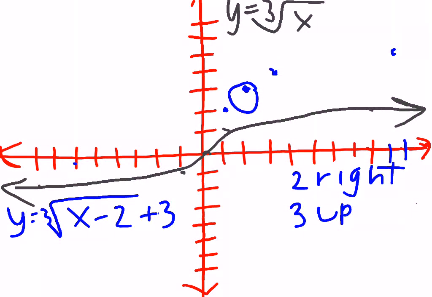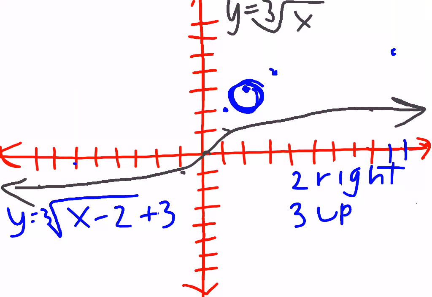My cubed root of that would be negative 2. So it's that point right there. Oh, I'm sorry, that's not right. I'm moving down also from this point. I'm not moving down from 0. I'm moving down from my new inflection point.